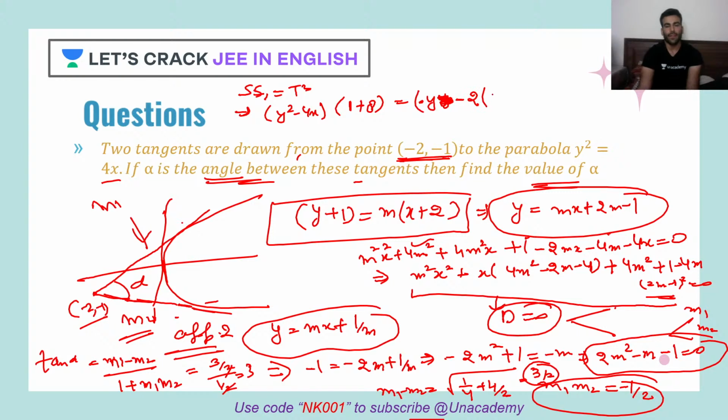Then you have x plus x1, so x minus 2 whole square. So this is your pair of tangents equation. You can just expand it, and then you can have your h, a and b. A and b are your coefficients of x square and y square. H is your coefficient of xy. So you can use that approach also to directly calculate the angle between these tangents.